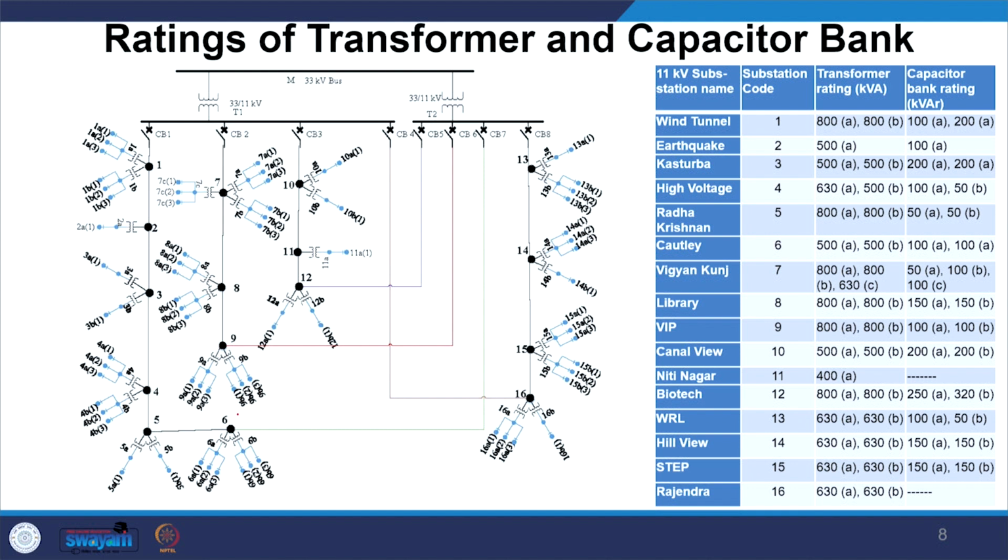As you could see, they are all 3-phase distribution networks, and these are the transformers present at 11 kV substations, and the capacitor banks and the ratings are available to you for ready reference. And there are 16 substations with transformers and capacitors inbuilt.